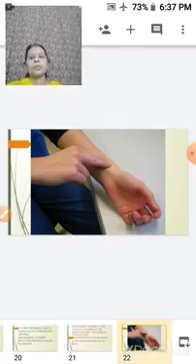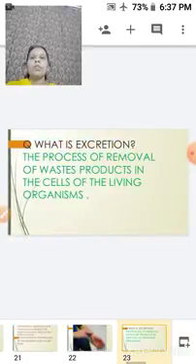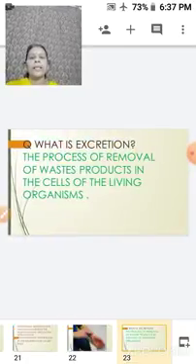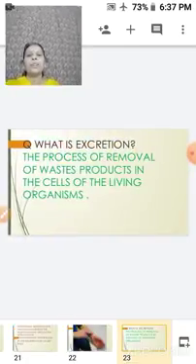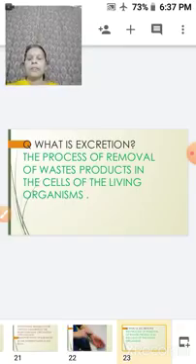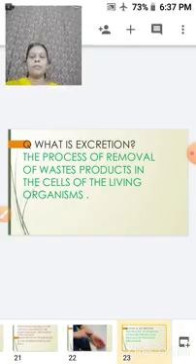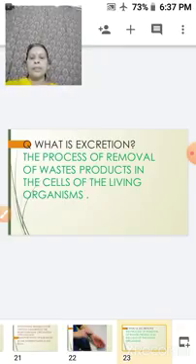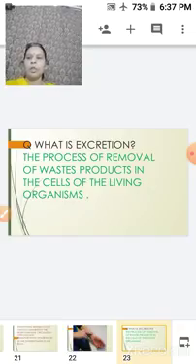So children, now we'll start a new topic, that is, what is excretion. Excretion is the process of removal of waste products from the cells of living organisms. Why is excretion done?